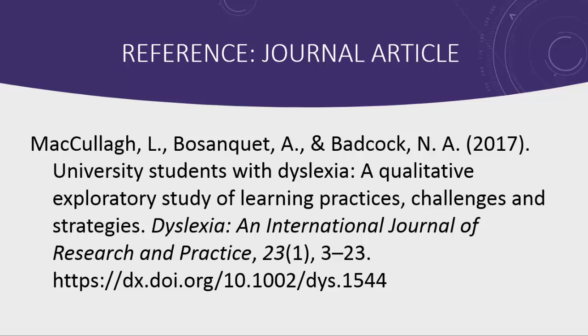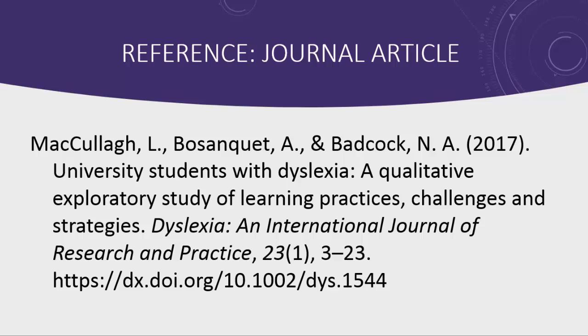Do not label the volume, issue, or page numbers with the words or letters indicating they are a volume, issue, or page number. In other words, do not put the letters VOL or P or PP to indicate these numbers. Simply place the numbers and nothing else. Put a period at the end of the page numbers.